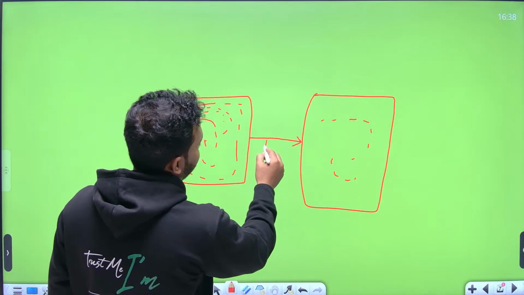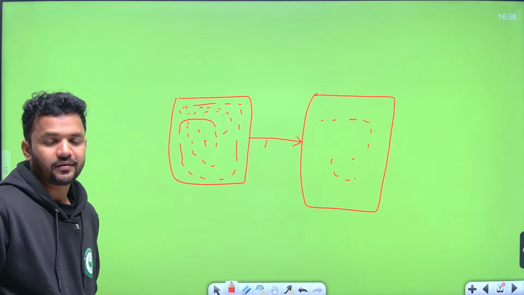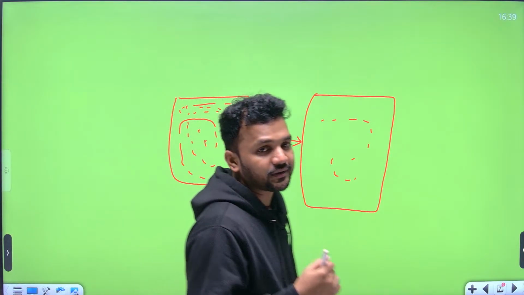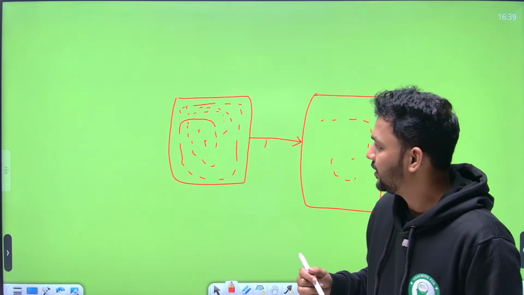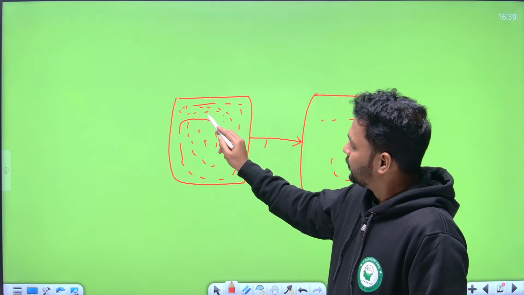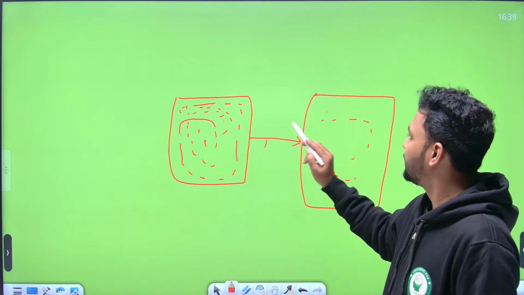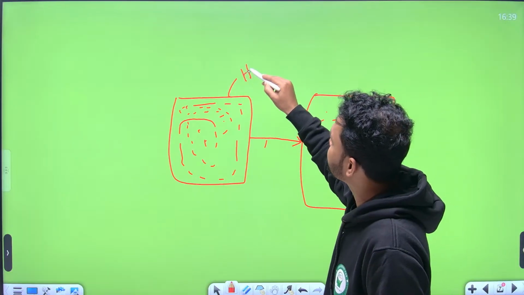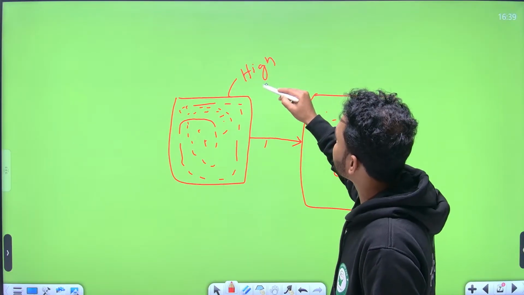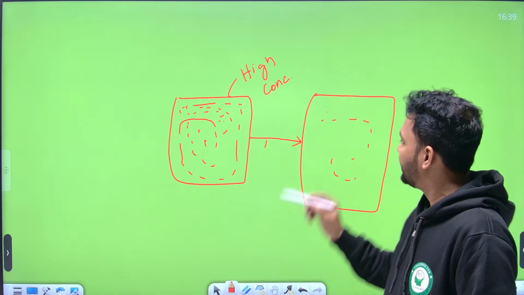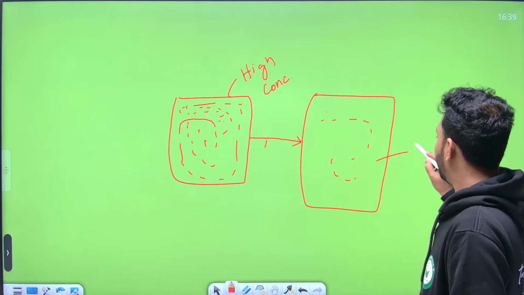But what decided this direction? What is the thing that decided this direction, and what is this direction called? So the particles will move from here to here. Here there is a high concentration of particles or molecules, and here there is a low concentration, right?